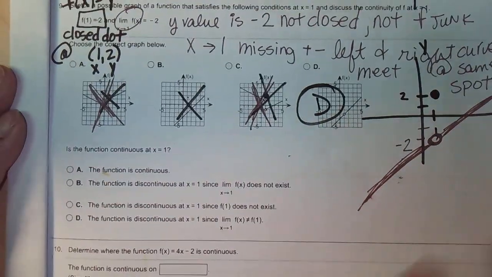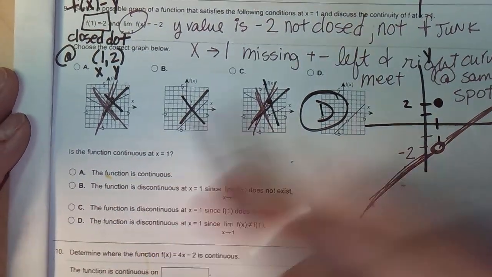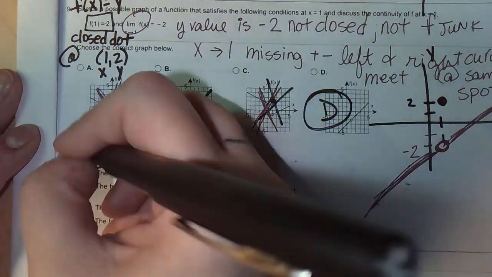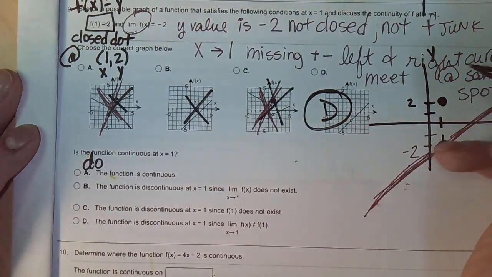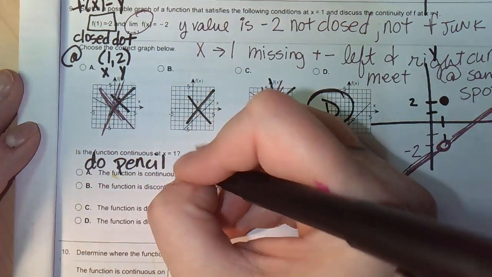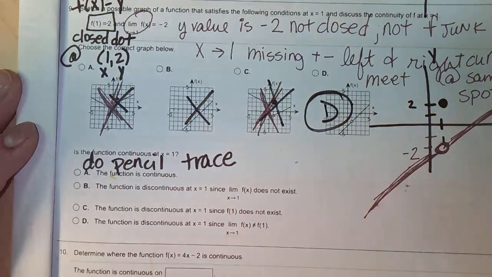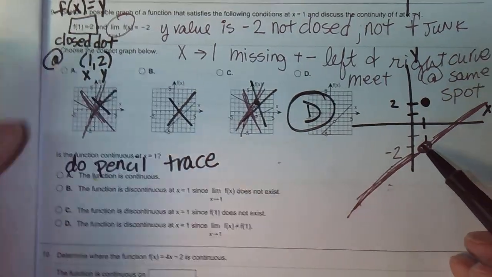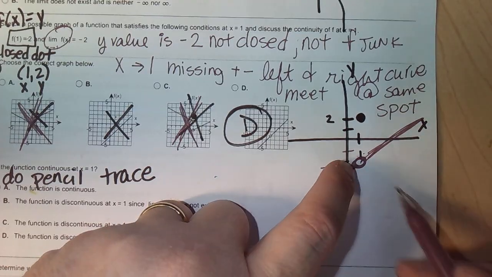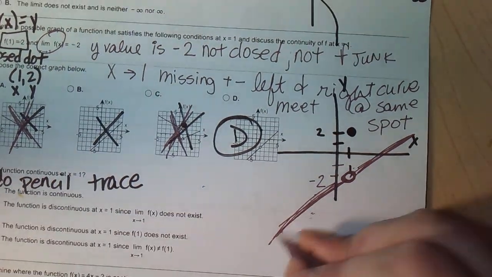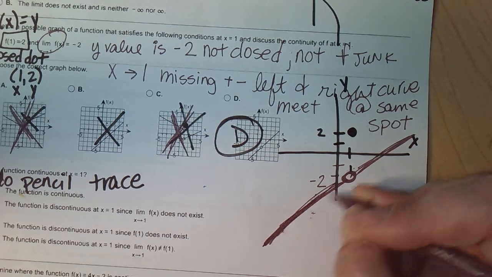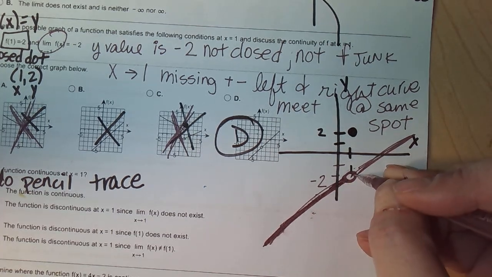All right. It says, is the function continuous at 1? That means, do you have to pick up your pencil? So let's trace. Okay. When x is 1, right here, the question is, do I have to pick up my pen right there? Well, if I'm tracing this curve, I'm coming down, I'm at this bottom left, and I'm coming up, I have to pick, you see that?